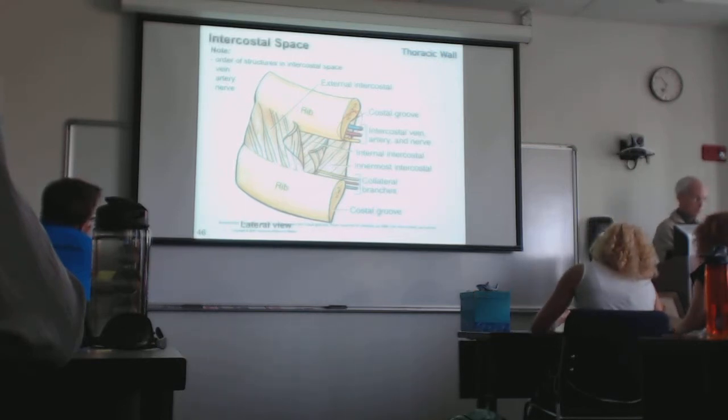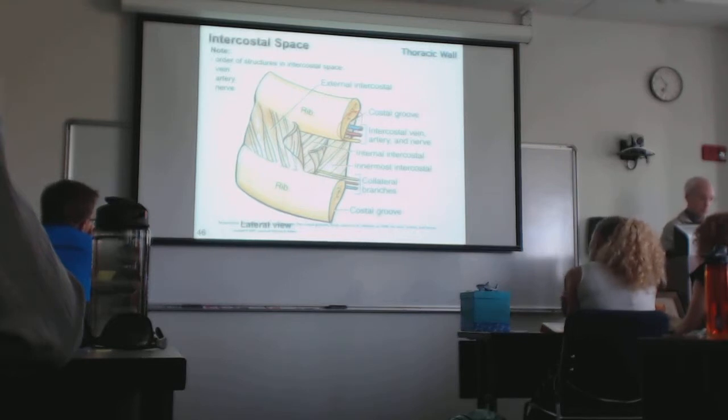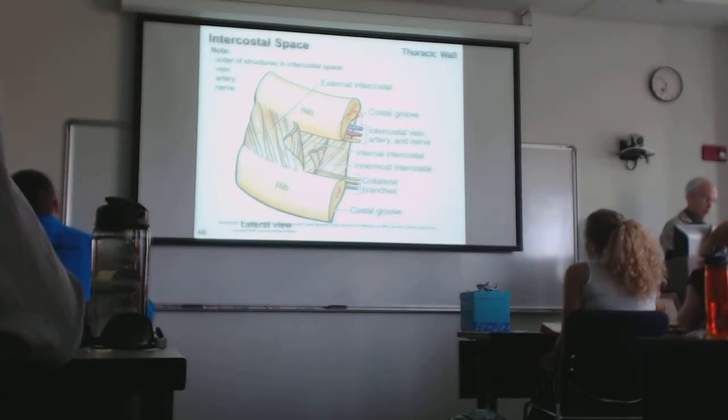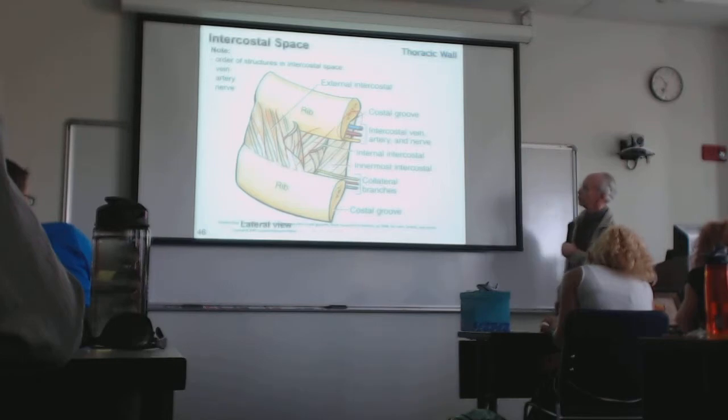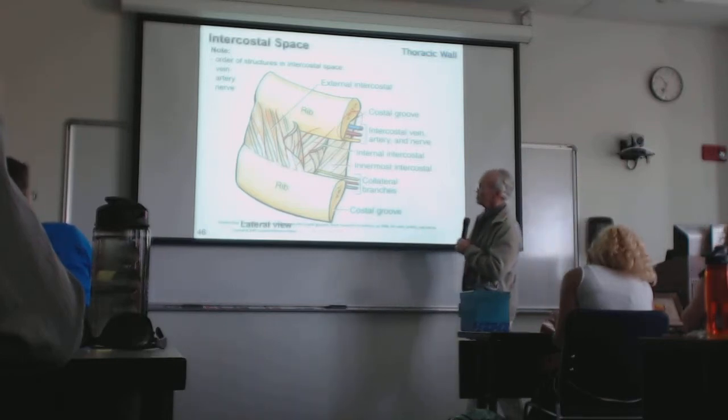And then you also see the three layers of intercostal muscle. Now, what do you notice about the trajectory or the direction of the external intercostals relative to the internal intercostals? Opposite. Yeah, they're almost diametrically opposite with respect to the muscle fibers.